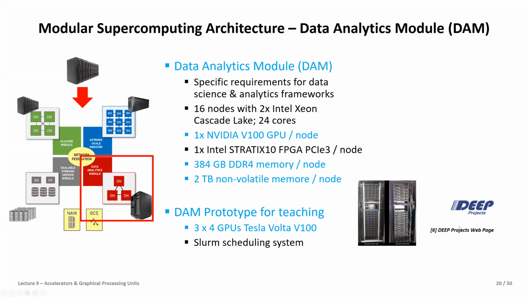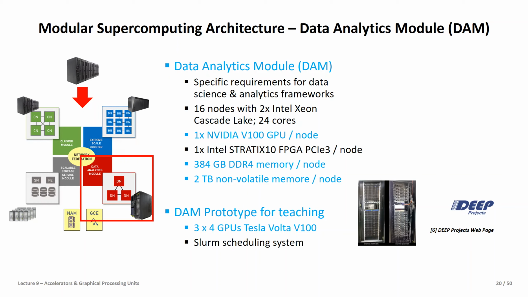So these are methods and ideas that we also pursue in DEEP-EST. Here in the DAM prototype, which is available as assignment 3, there are NVIDIA V100 cards available for you to play with and to test a little bit of deep learning. You will see that this is an interesting system to work in.